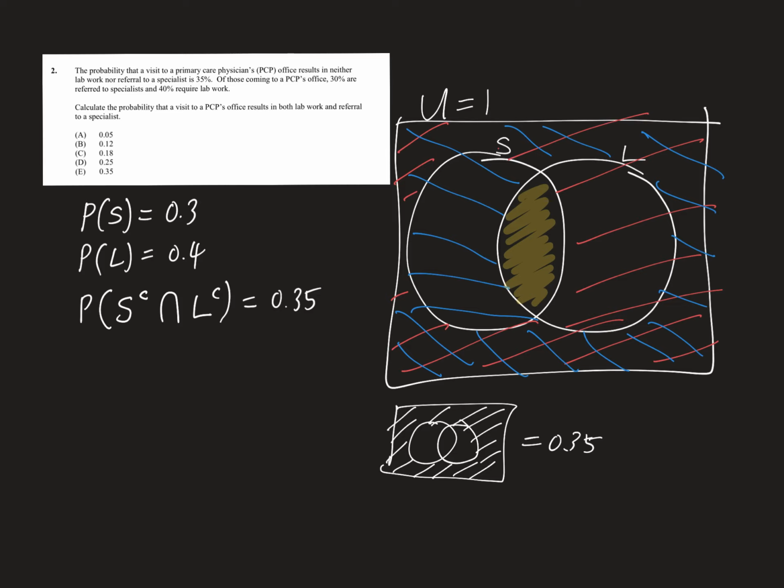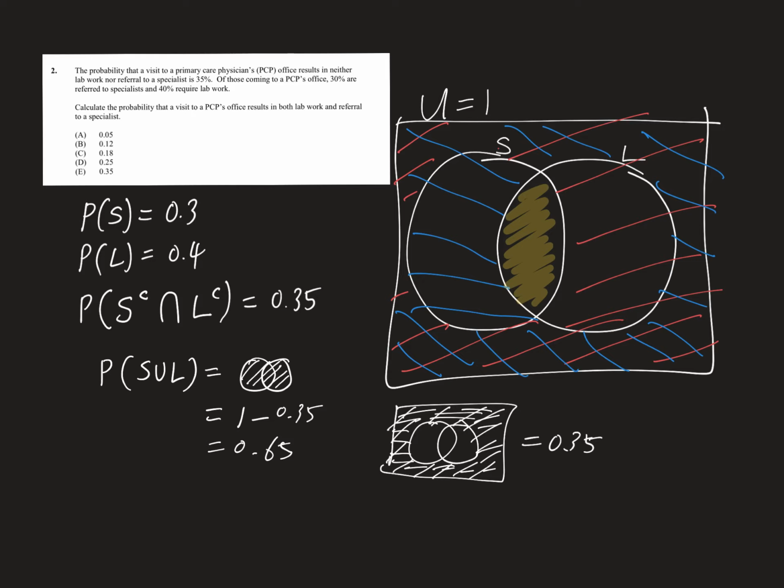And because the whole universe has to add up to 1, P of S union L, which is the area represented by these two circles, is equal to 1 minus this area that's covered by the white dashed lines, 0.35. So S union L is equal to 0.65.